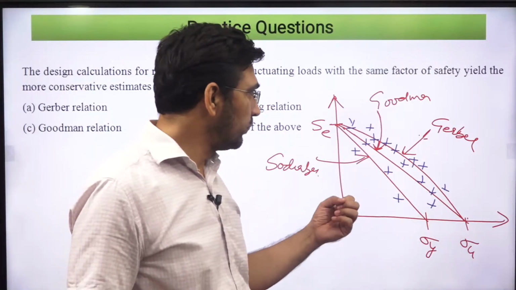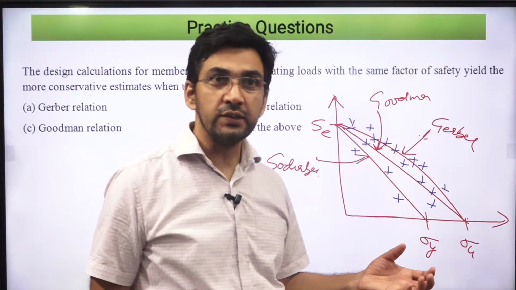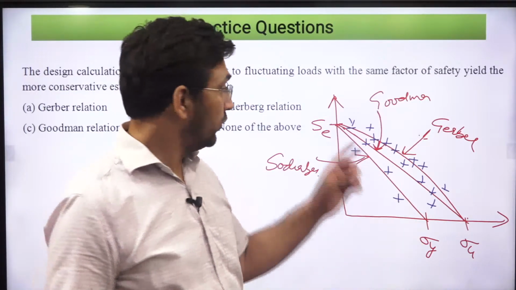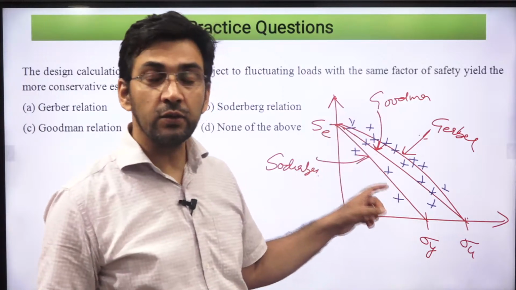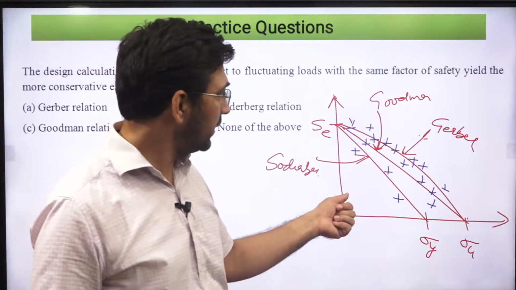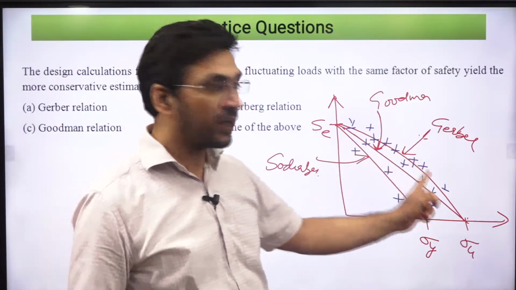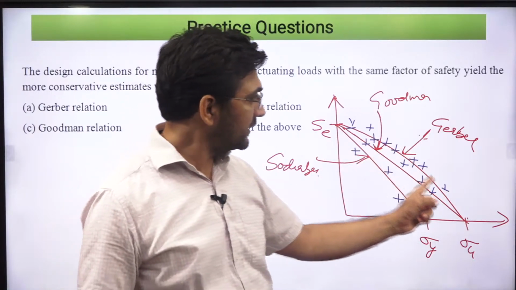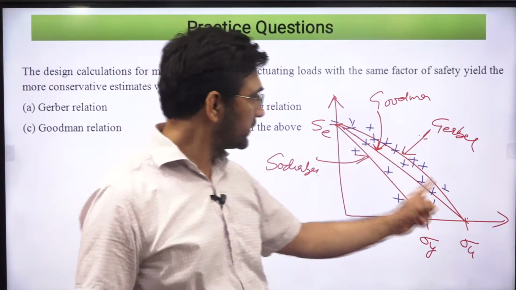Now, if I ask you, which one out of all these goes through the maximum failure points? Which line or curve out of all these goes through the most failure points? You will say, of course, it looks like the Gerber curve is passing through most of the failure points.